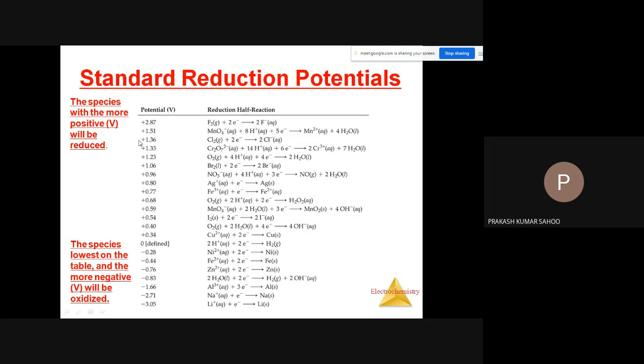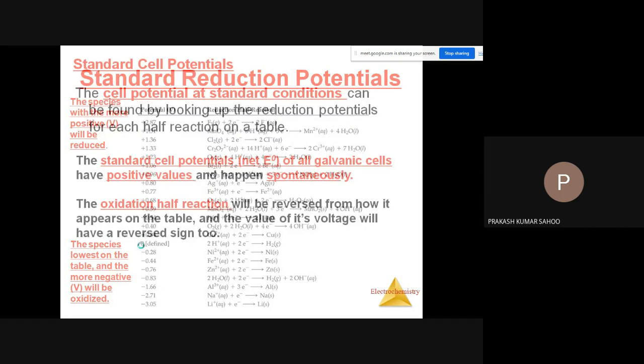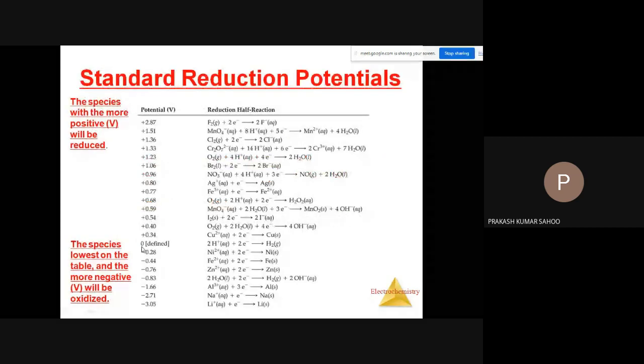So from where are these values taken? These values are determined when these ions or elements get coupled with the standard hydrogen electrode, for which the standard reduction potential is always zero. Just see here, this is hydrogen: 2H plus plus 2 electrons gets reduced to give hydrogen gas. For this reaction, the electrode potential is 0 volt.